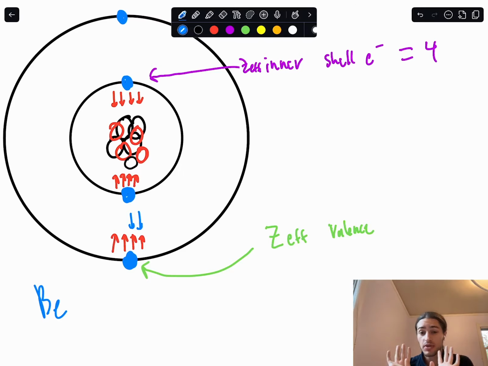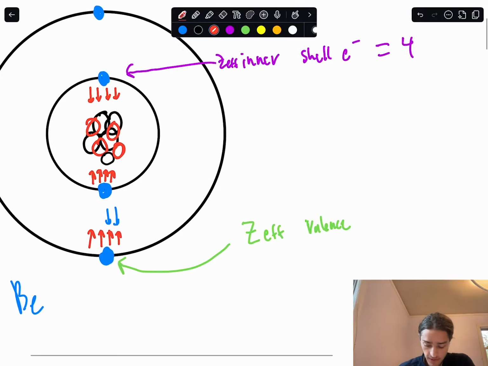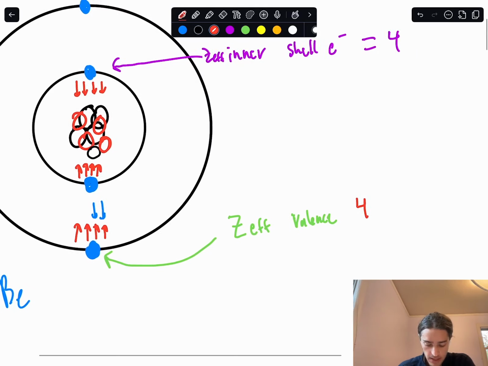They're going to push them away, saying, move away, get out of here, with their repulsive force. And so what's going to happen is effectively those four protons in the nucleus are going to cancel out with the two inner shell electrons.